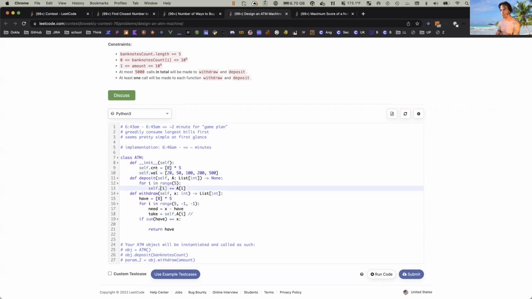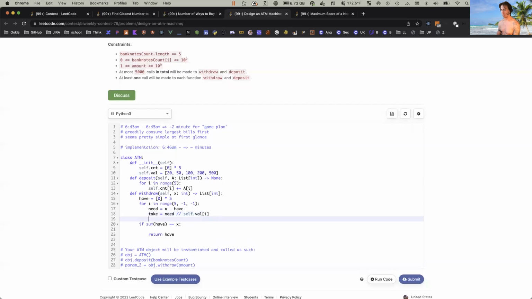Okay, self.count[i] plus equals a[i]. So take the value of the i denomination, need evenly divisible by the value of that. So how many will we take?